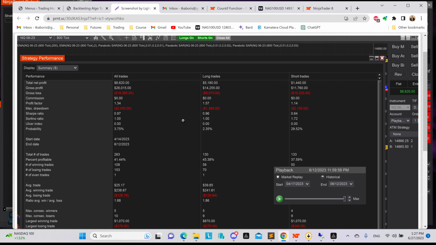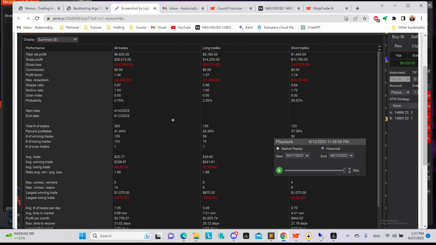It takes up to like 5 hours on VPS to run, but I ran the same dates, 4/17 to 6/12, and with that time filter that I posted there, it took 263 trades, and only 41% were profitable, which is low, right?